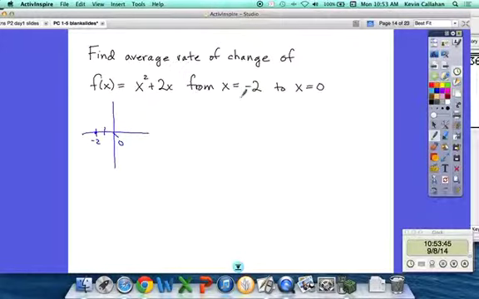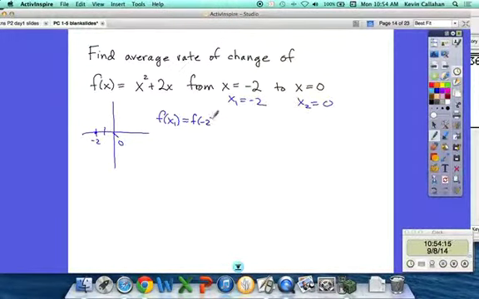So this is our x1. And this, because it's to the right, that's our x2. Now, we need to find f of x1 and f of x2. How do I find f of x1? Right, x1 is -2.